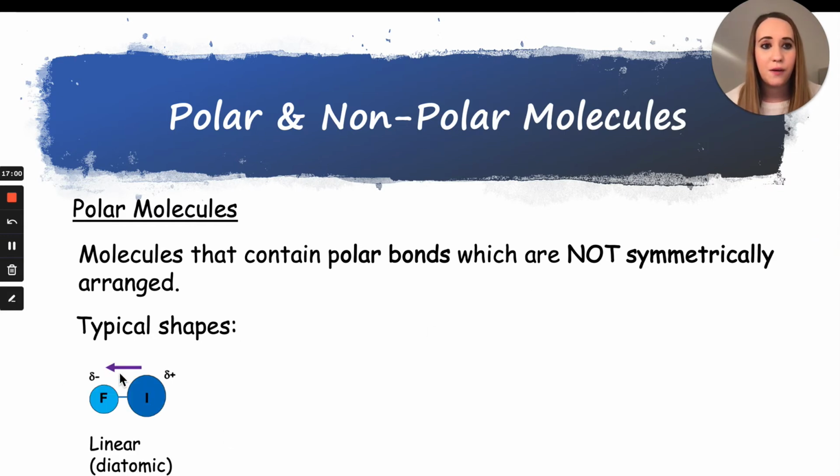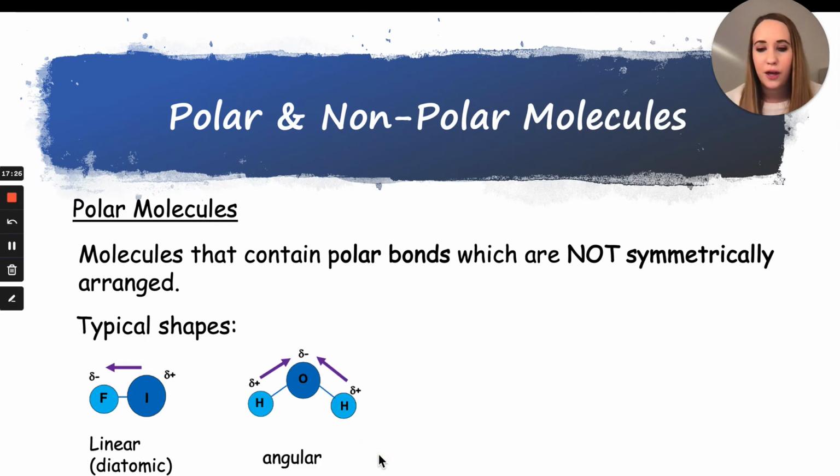The linear shape can result in polar molecules if you've got just the one bond. The carbon dioxide linear shape has two bonds going out in either direction from the carbon. This linear shape is just one bond, your diatomic shape. You can see the negative is only going in one direction here. There's only one bond, nothing to cancel that out.